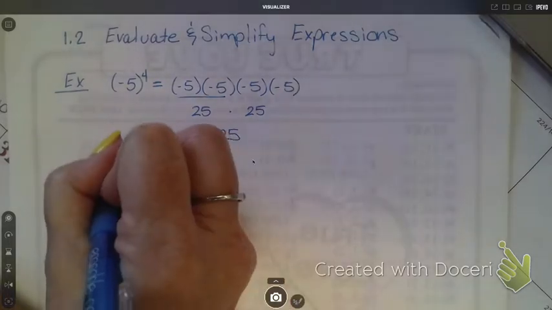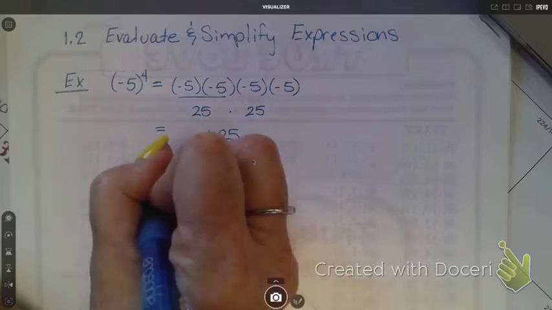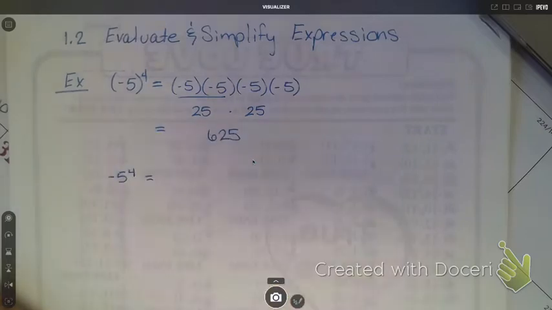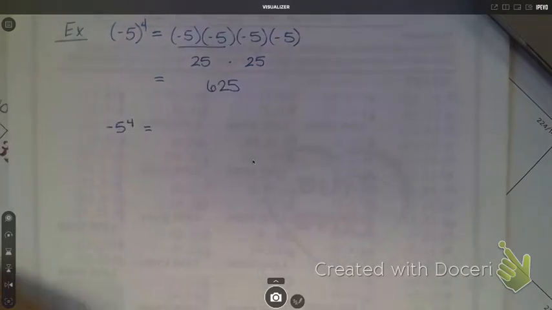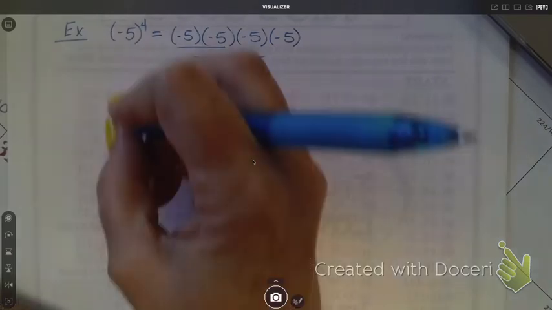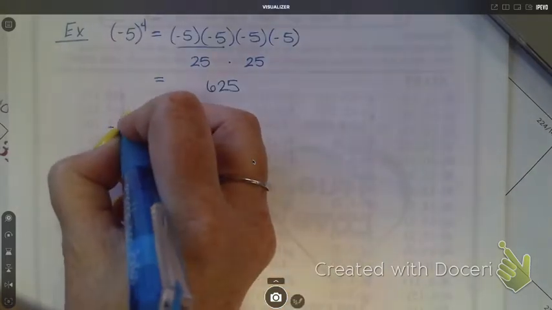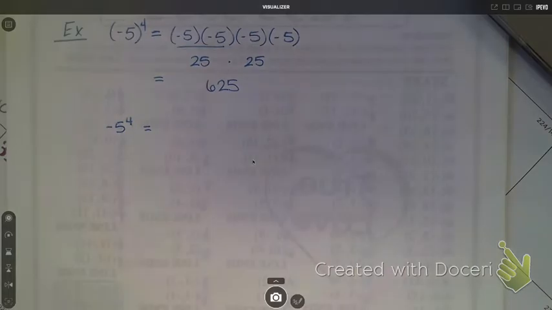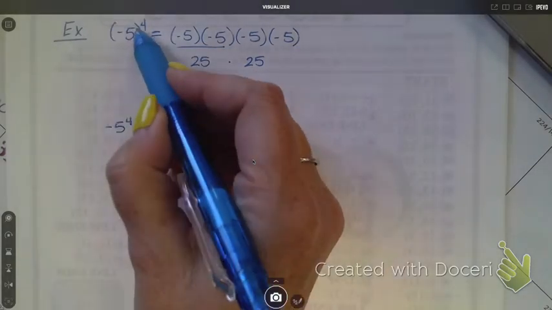So what if I put -5 to the 4th, without parentheses? What is different about the first example and the second example? No parentheses. In the first example, when we do order of operations, we do parentheses first, yes? So put the -5 together.